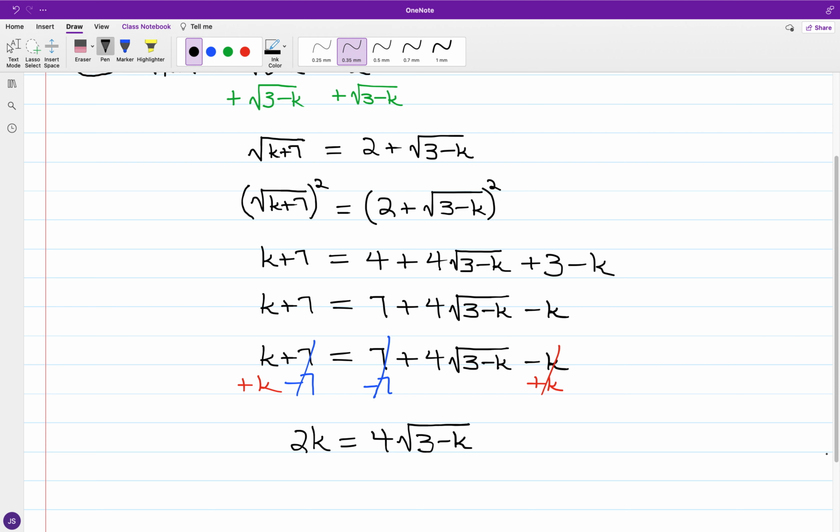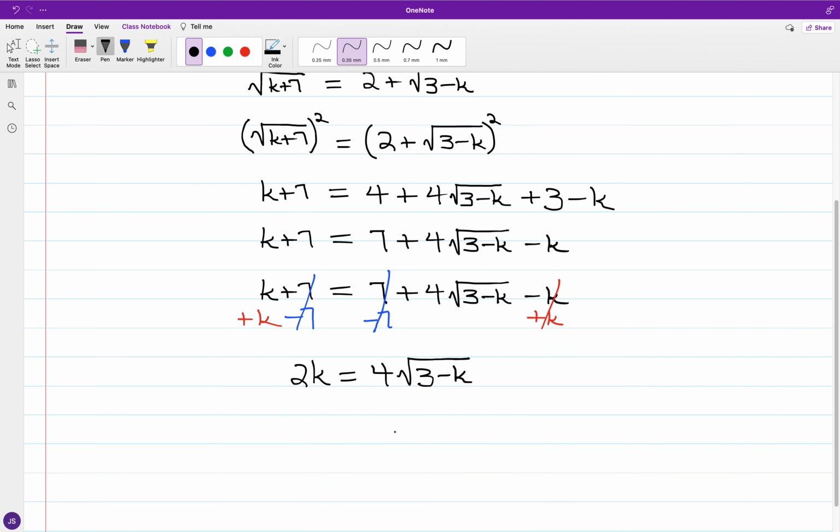of 3 minus k. For what we have now, I could go ahead and square both sides, and notice we have leading coefficients that are even. You could technically isolate the square root of 3 minus k upon dividing by 4, but you would have 2/4 of k, which would be k halves, and so you would be working with a fraction. To avoid working with fractions, we just divide both sides of the equation by 2.